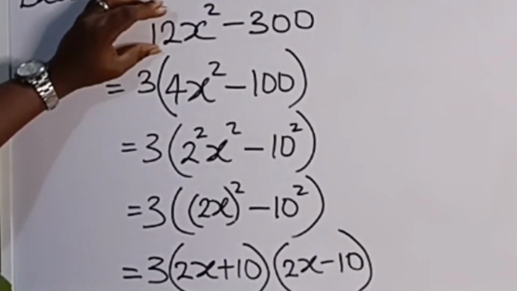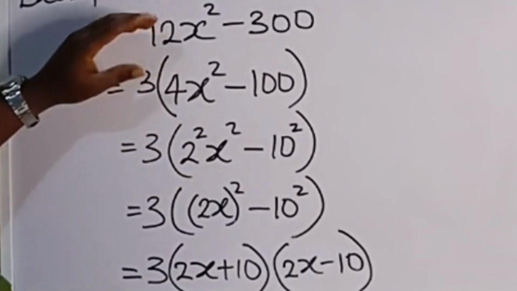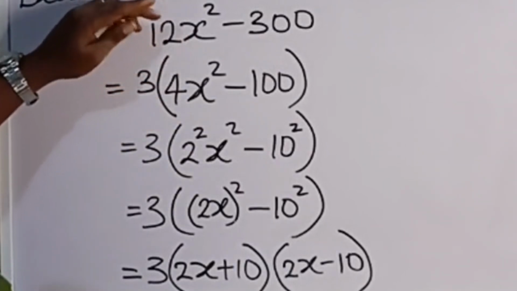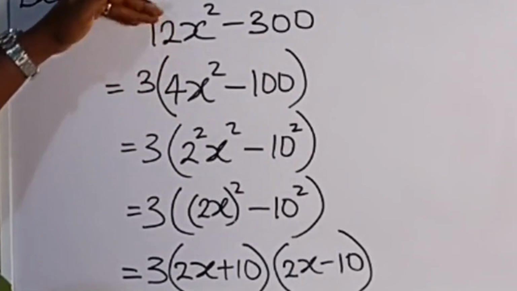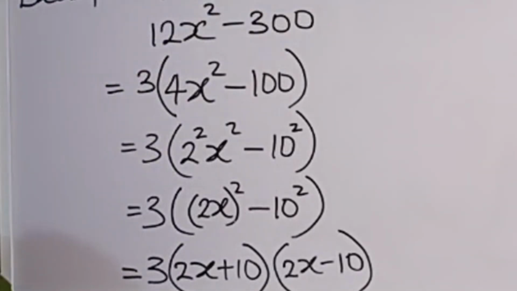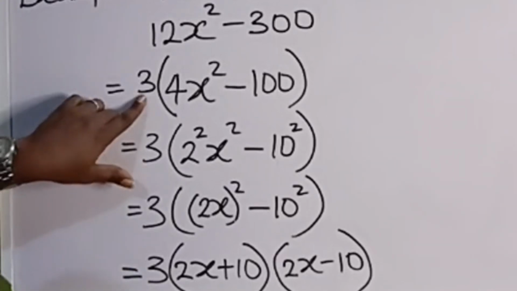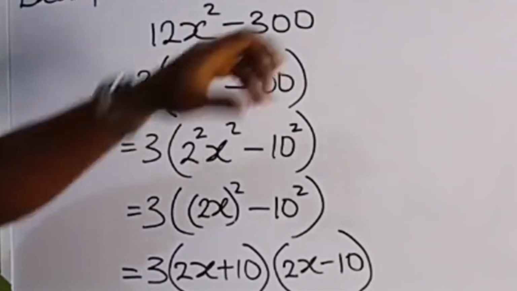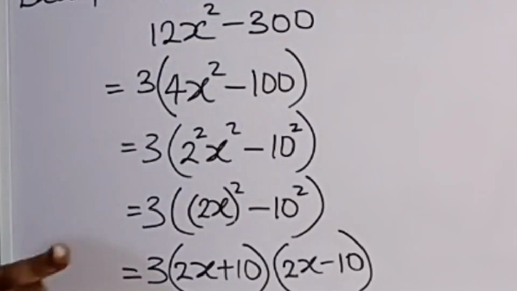So let's step back a little. We observe that we don't have perfect squares here. This is not a perfect square. This is not a perfect square. So we looked out for a number that will divide both of them, that will make them perfect squares. And we observe that that number will be 3. There are other numbers that can divide both of them, but we picked out the number that can divide both of them to make them perfect squares.